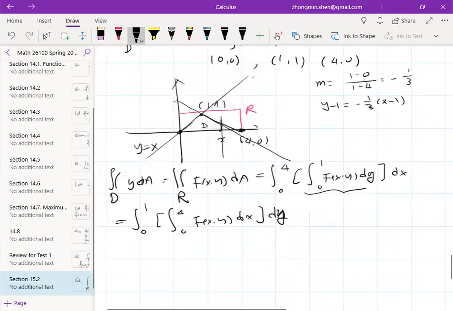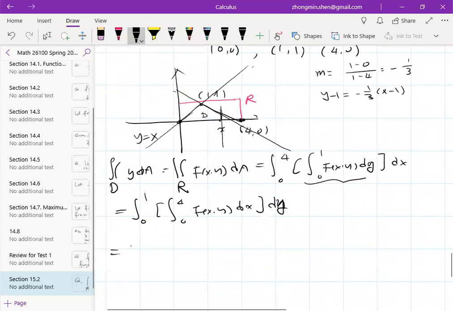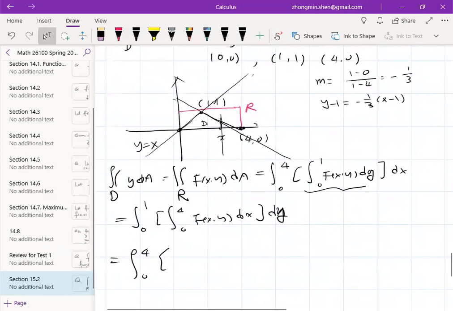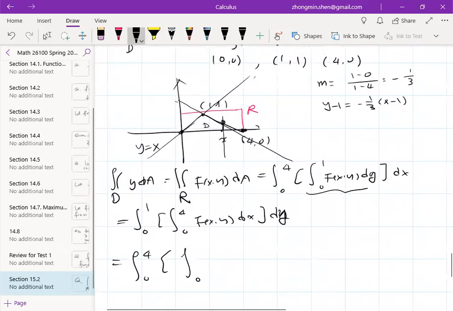So we are going to use that integral, and this time, for the fixed x, for which y is the point still in the domain? For y from 0 to the point on this line.